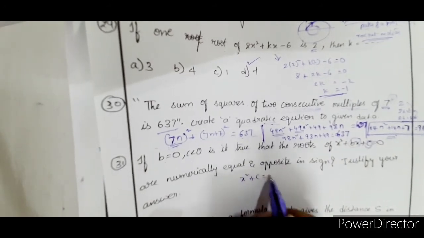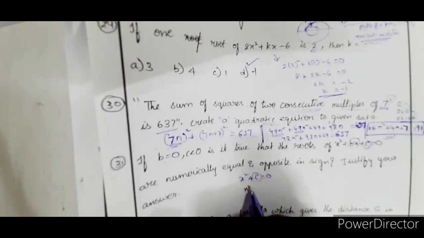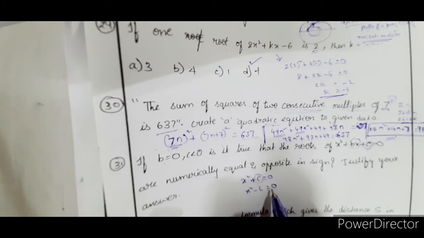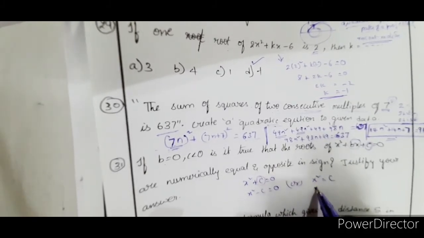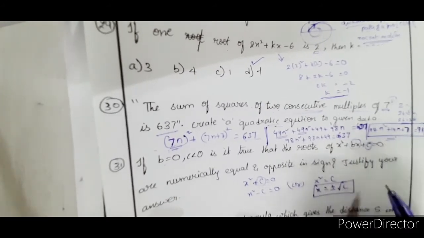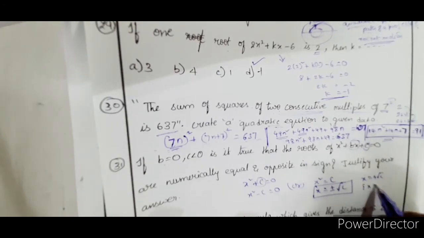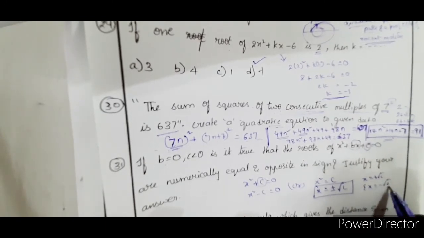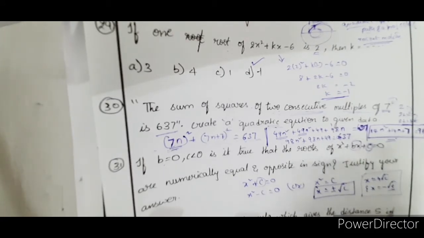x² + c = 0. If you take c as negative, then x² minus c is equal to 0, or you will write it as x² is equal to c, or x is equal to plus or minus root c. So therefore x is equal to plus root c and x is equal to minus root c. This is how you will be getting the values.